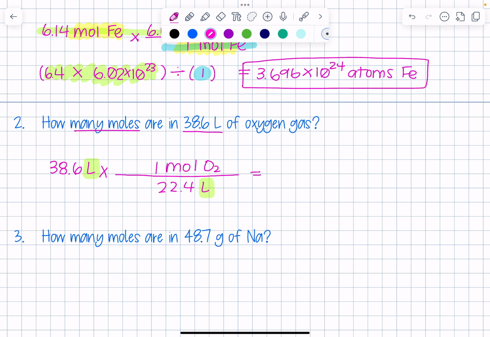So everything on the top multiplied together, divided by everything on the bottom multiplied together, and I get 1.72 moles of oxygen gas.